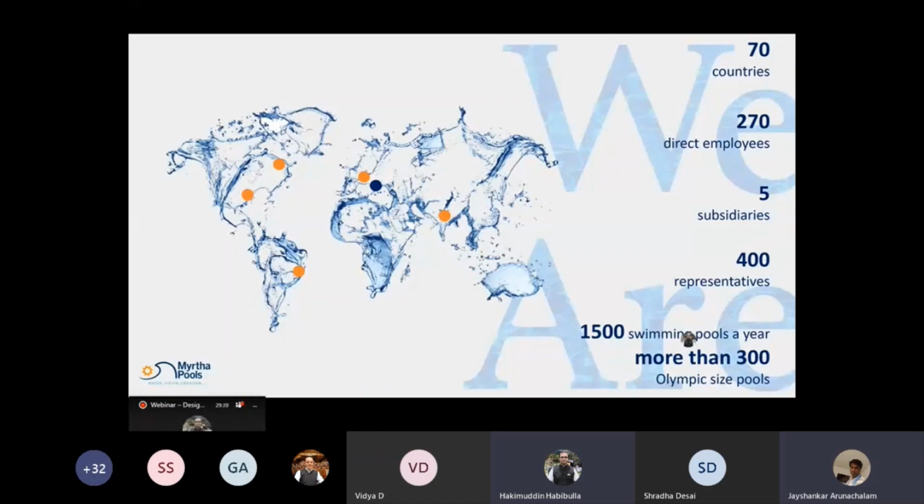We have 5 subsidiaries in the world, and India is the first one for Asia. We have 400 representatives, and the most important thing that gives us a lot of confidence in sharing information is that we build 1,500 swimming pools a year, and on an average 100 Olympic-sized pools.